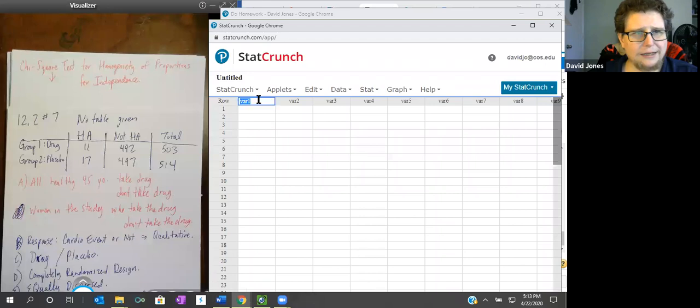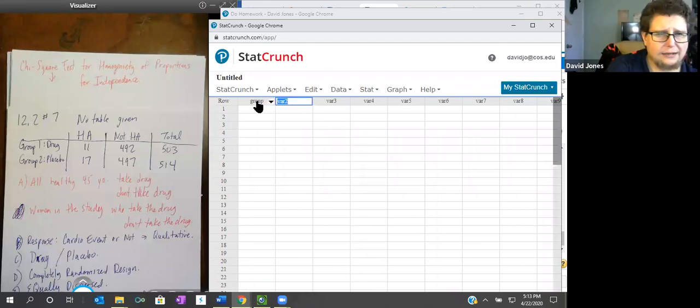My table's right there. I've got group, I've got event, no event. The groups are drug versus placebo. 11 experienced events, 17 there. 492, 497.